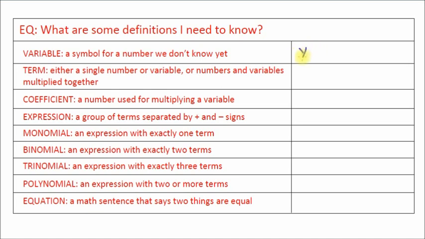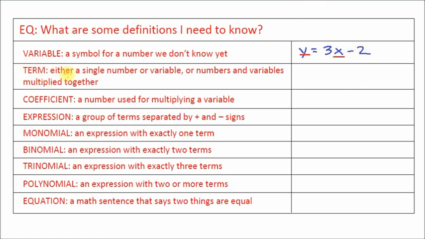If I wrote this particular equation, y equals 3x minus 2, you'd see that the variables are y and x. 3 is not a variable, it's a known value or a constant, and then negative 2 is also a known value.